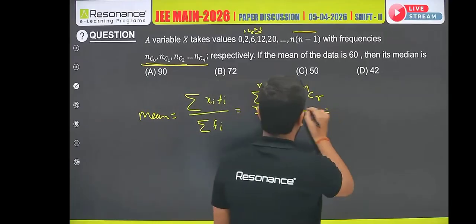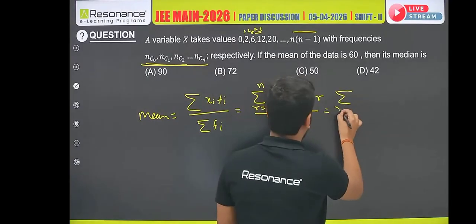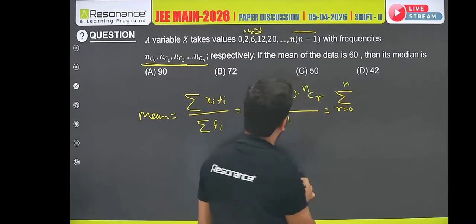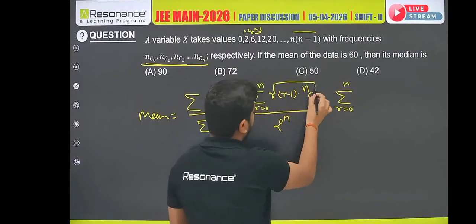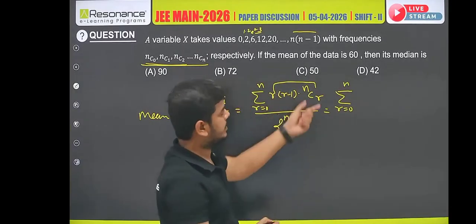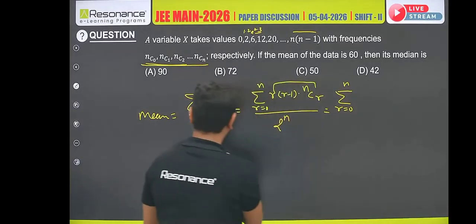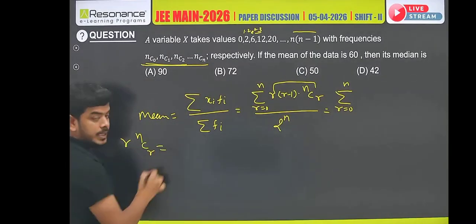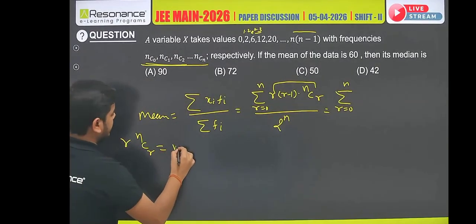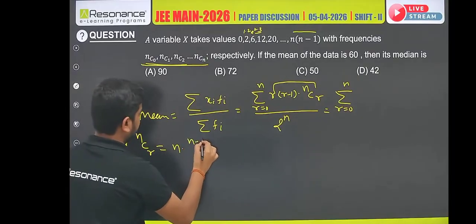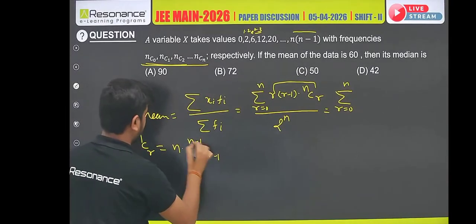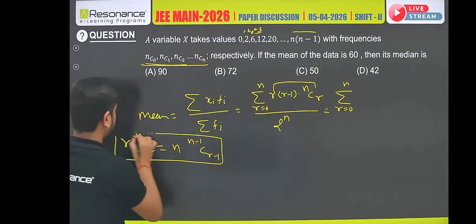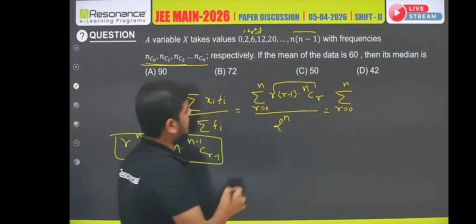Now simplify. Take this one, r·nCr. We know that r·nCr is equal to n times (n−1)C(r−1), and use this. There you will get your answer.